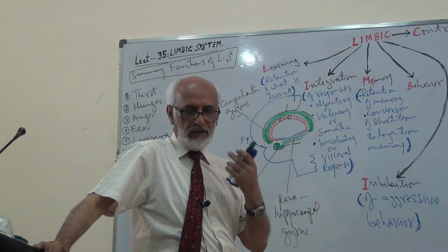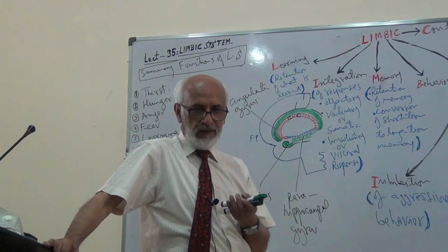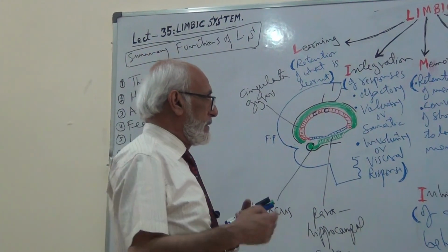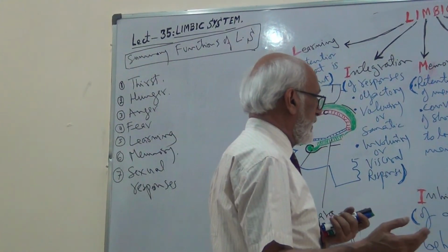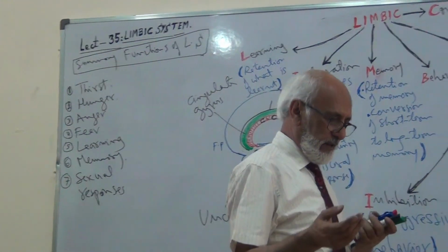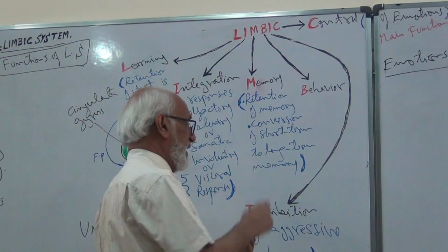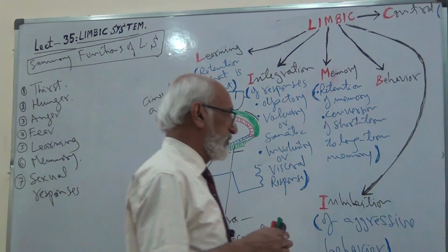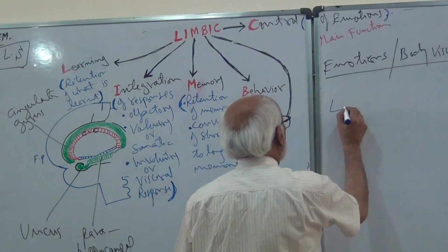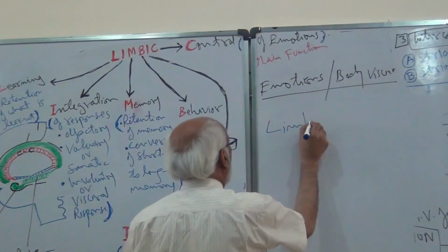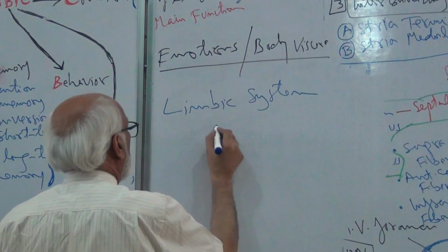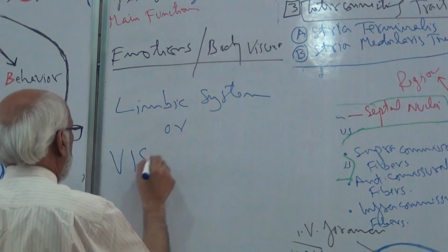Salivation may be increased or decreased. These are the effects of emotions on the viscera of the body. So, because emotion is one of the main functions of the limbic system, the limbic system is also known as the visceral brain.